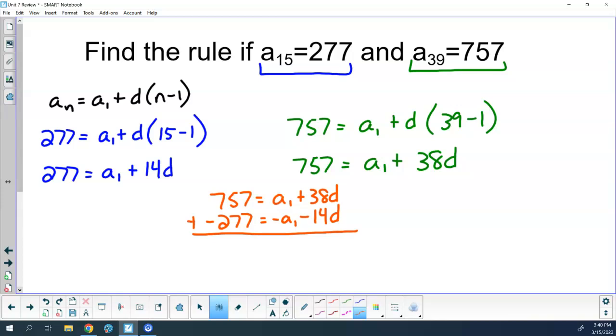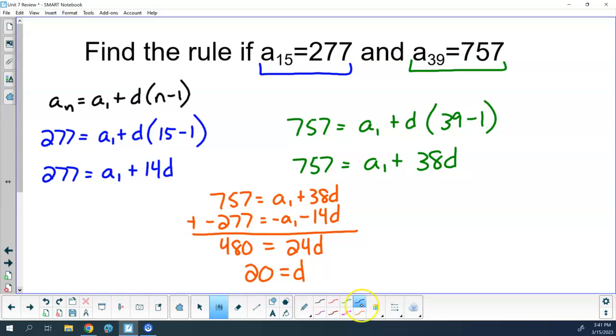Add those two together, and 757 plus negative 277 is 480. 38d minus 14d would be 24d, and 480 divided by 24 is 20. So my common difference is 20.